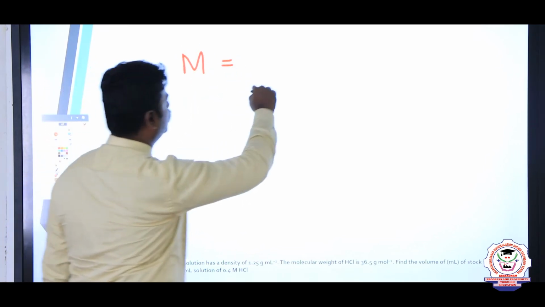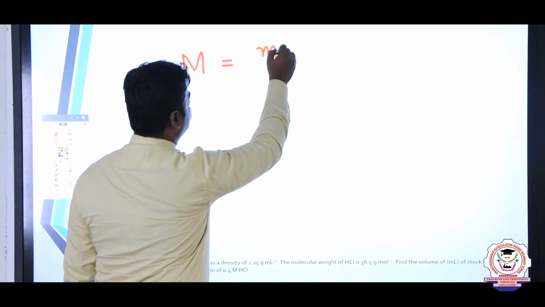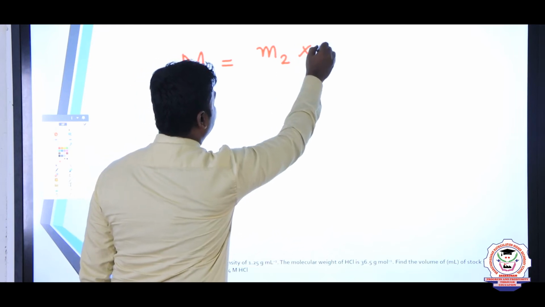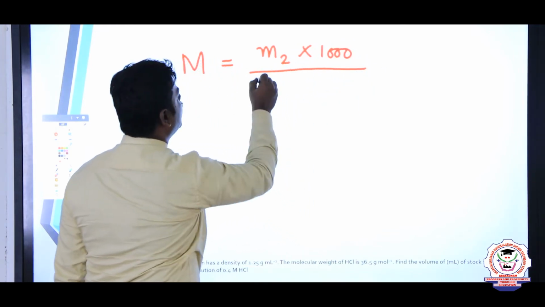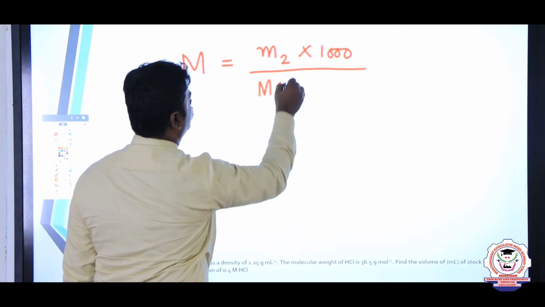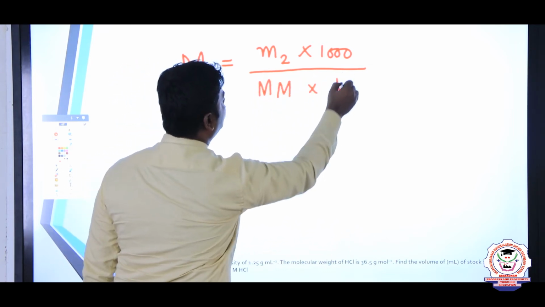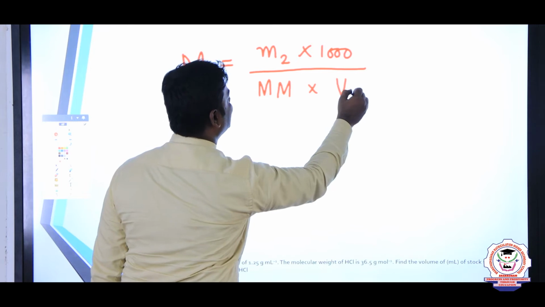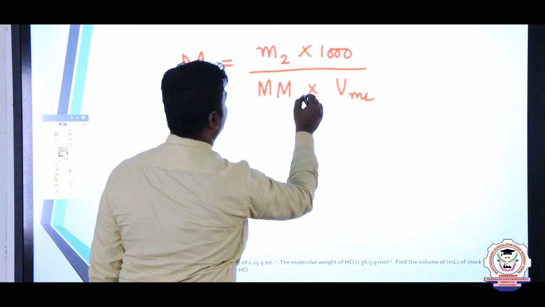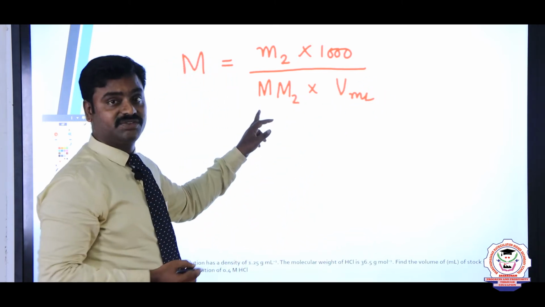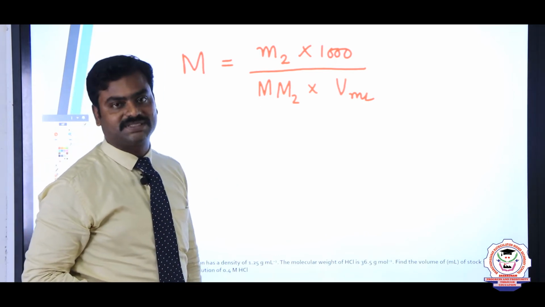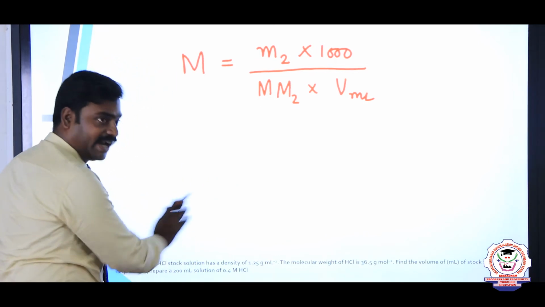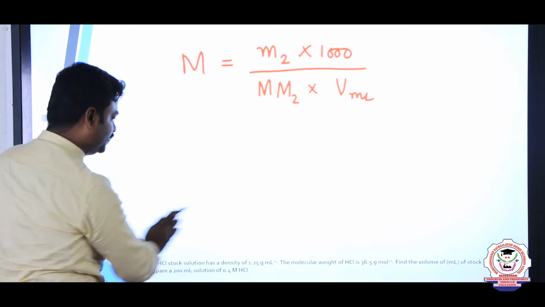Molarity is equal to mass of the solute M2 into 1000 divided by molar mass into volume of the solution in ml. This is molar mass for solute. Okay. Now what about mass by mass percentage solution? I am going to write the mass by mass percentage solution equation here.